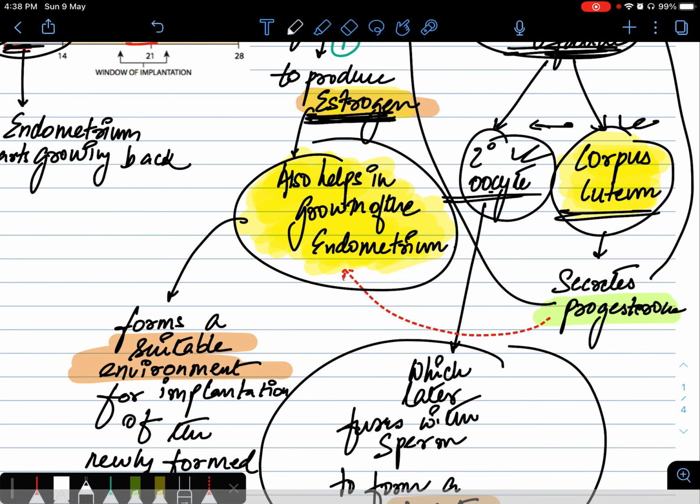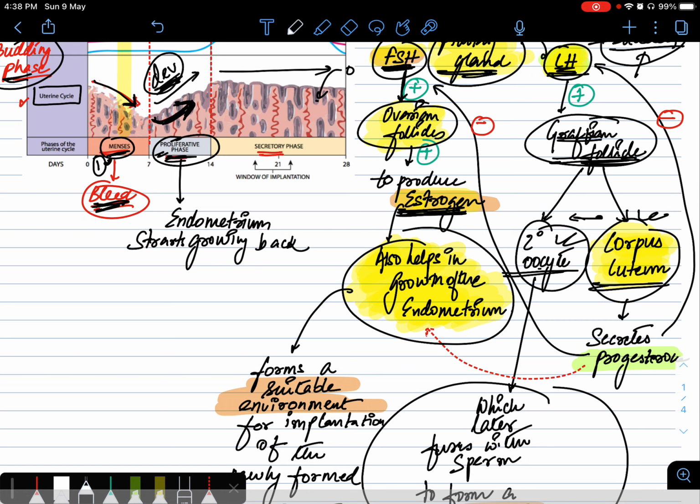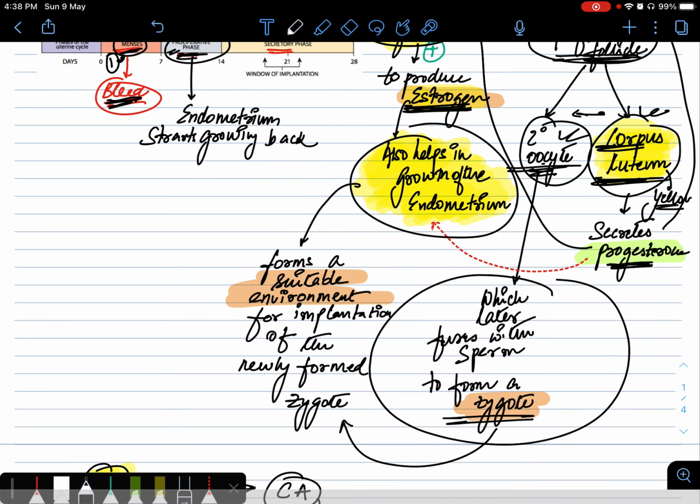Now we go to the corpus luteum. What is the corpus luteum? The Graafian follicle has split. The main important part is the secondary oocyte, but the other important part is the corpus luteum. The meaning of the word luteum is yellow, because it's yellow in color. The main function of the corpus luteum is that it secretes progesterone, the other important hormone in the female body.